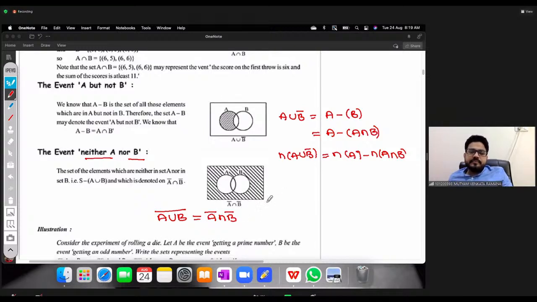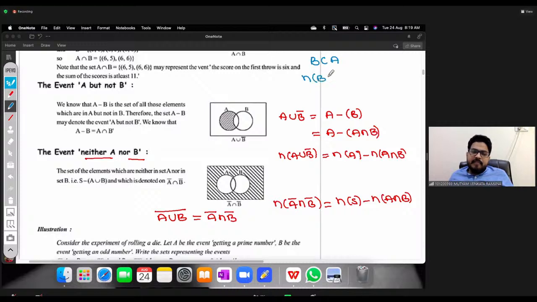So the number of elements of A bar intersection B bar is equal to the number of elements in S minus the number of elements in A union B. And please understand one point here. If B is a subset of A, N of A minus B is equal to N of A minus N of B.